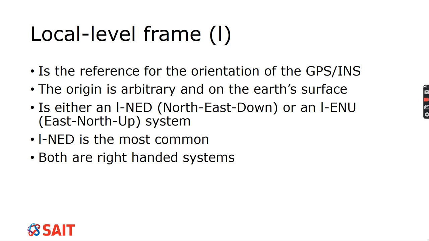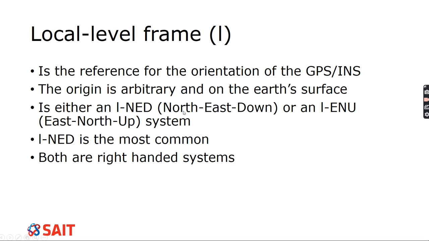What we use this for is to orient the GPS and the INS system based on what the Earth's surface is doing. The origin is arbitrary, so you can put it anywhere. Generally speaking, we'll put it wherever within the point cloud we want to set it. It's a local relative frame, and we put it on the Earth's surface so that it's either pointing up or down. So we have our LNED, or an LENU.